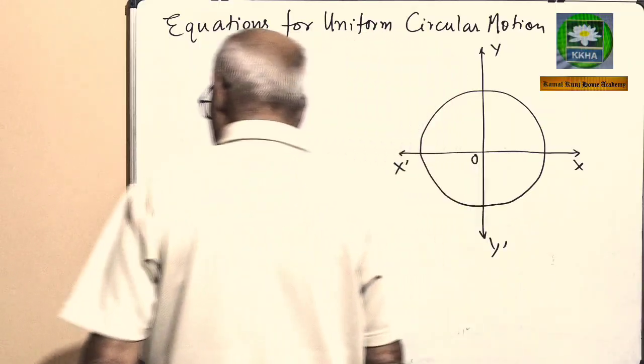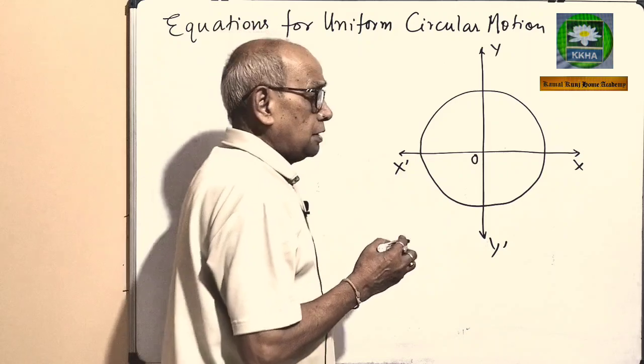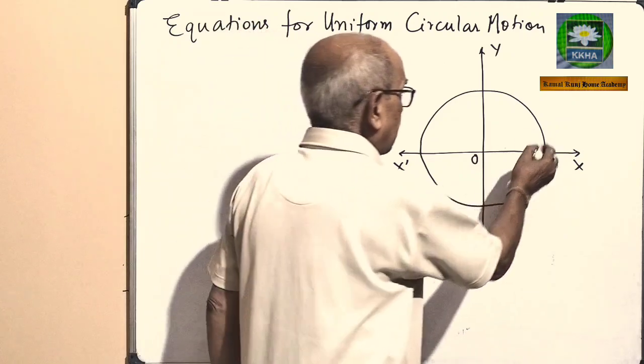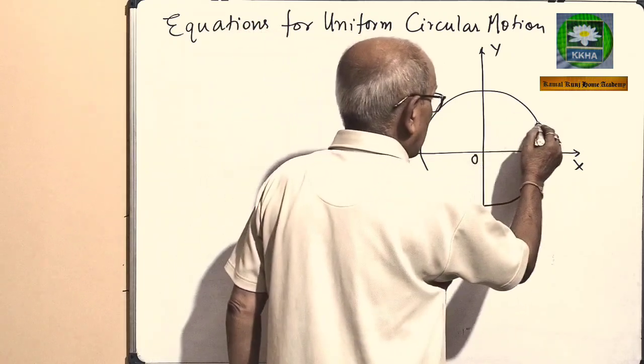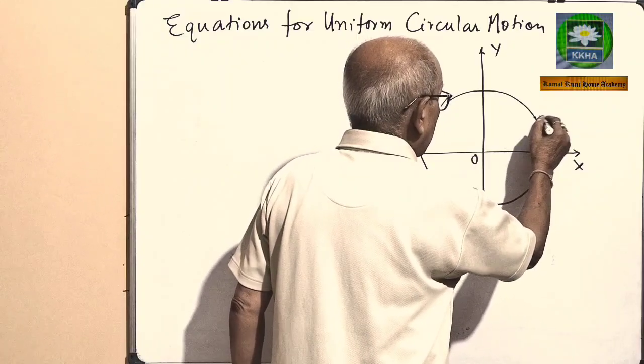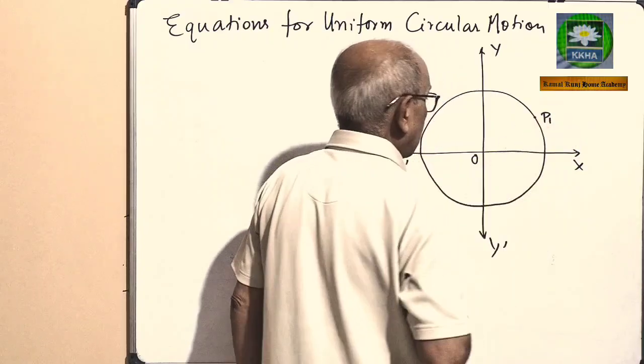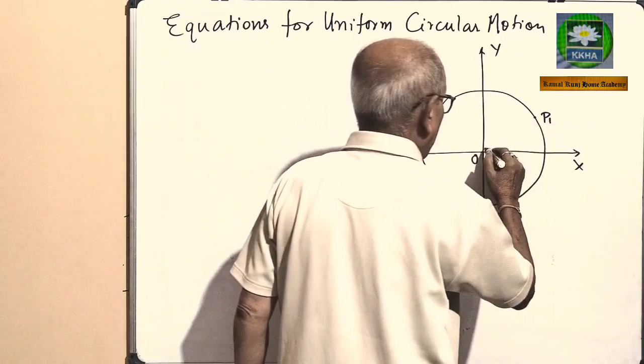Now, let us suppose that a particle is moving along a circular path, and the position of the particle at any time t is P1.